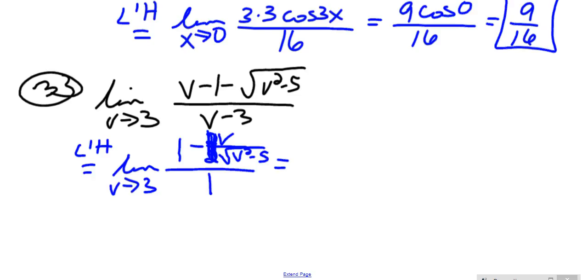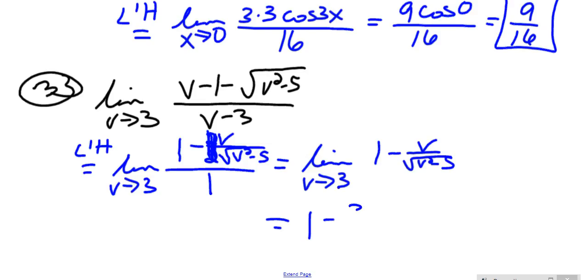So I could rewrite this as this. If I wanted to do direct substitution from here, I think I could. I would get 1 minus 3 over square root of 9 minus 5, or 1 minus 3 halves.